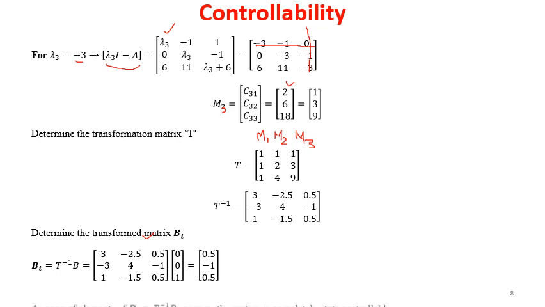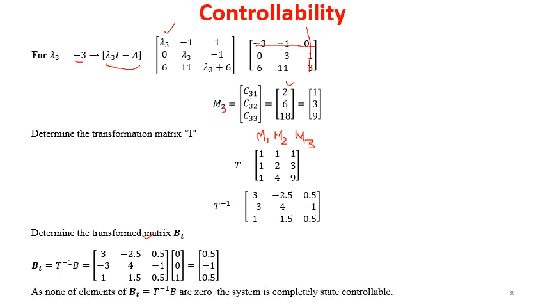So none of the elements in this matrix, that is Bt, are zeros, hence the system is completely state controllable. So using this method we can find the controllability by Gilbert test.